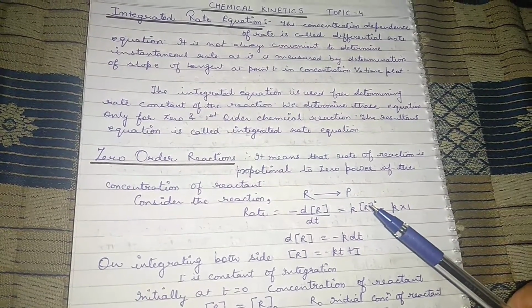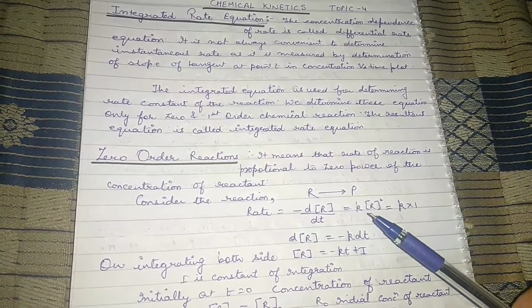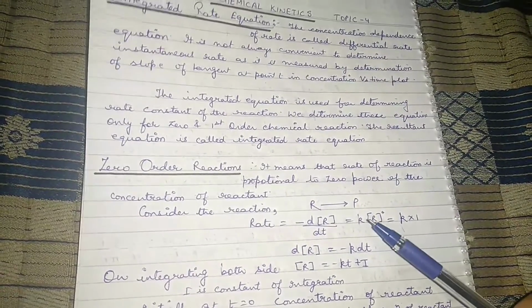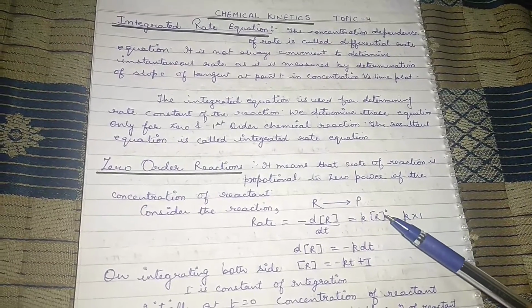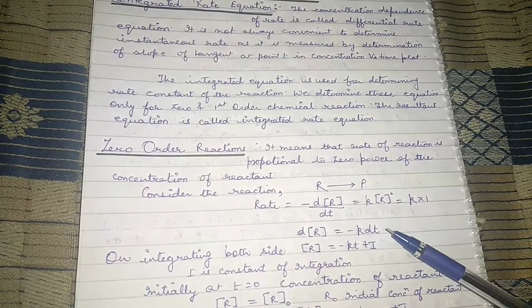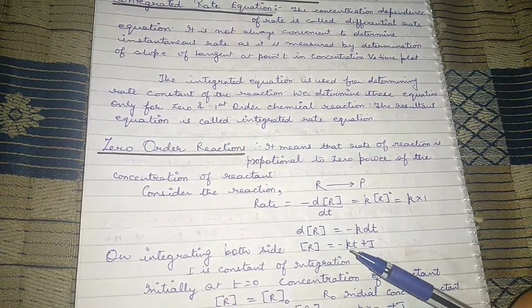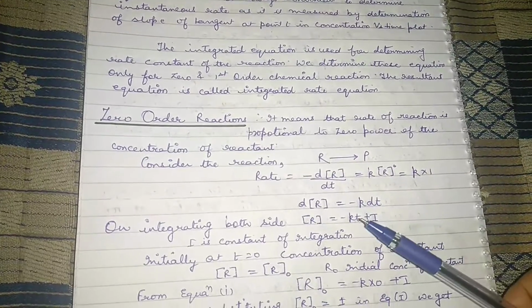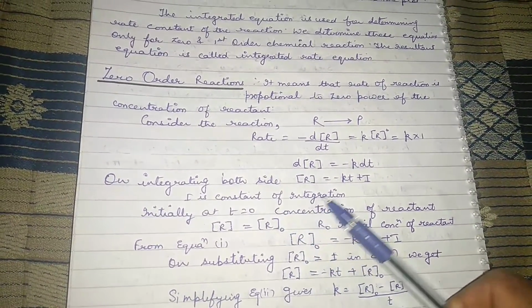We all know that any concentration whose power is 0 is equal to 1. So instead of writing R to the power 0, we can write 1. So dR is equal to minus k dt. Now on integrating both sides, we get R is equal to minus kt plus I, where I is a constant of integration.